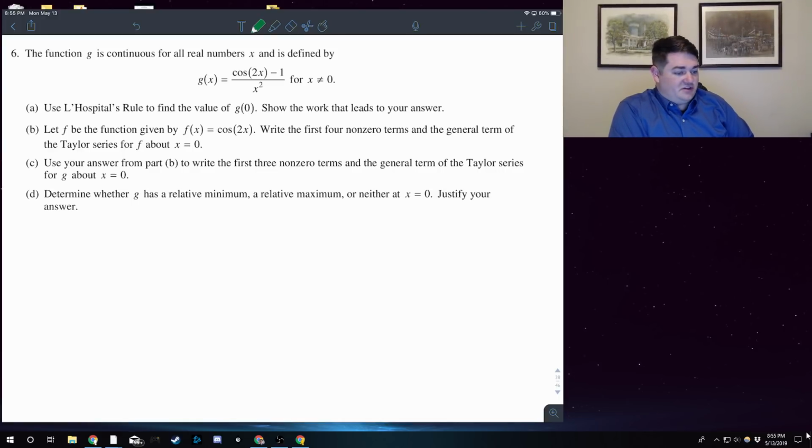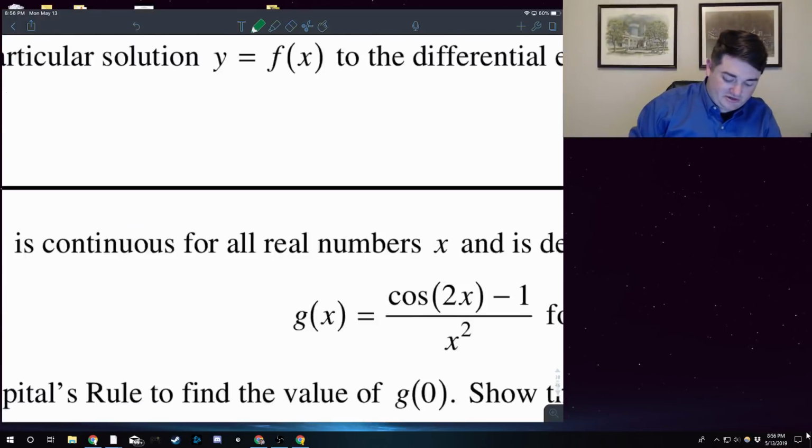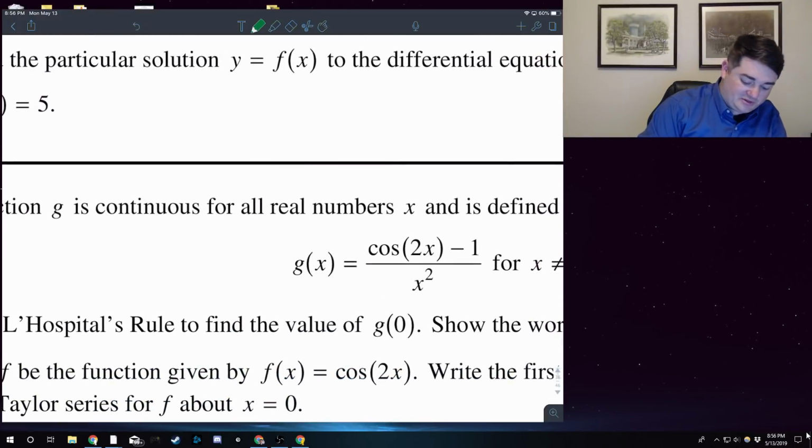Alex, how often are sign charts going to be used on the AP exam? On the AB exam, you can bet at least one free response problem and a heck ton of calculator problems. They love to put those in the calculator section because it takes away your ability to use the calculator a lot of times. So the answer to your question, on any sign chart problem, just make sure you know this relationship.